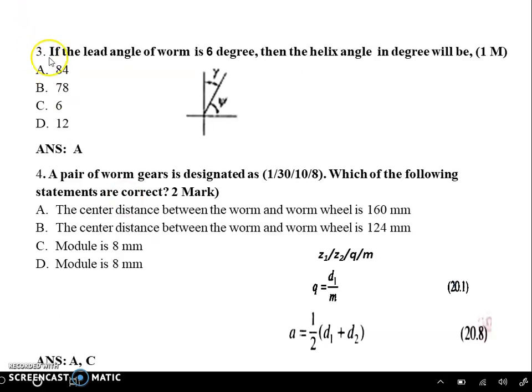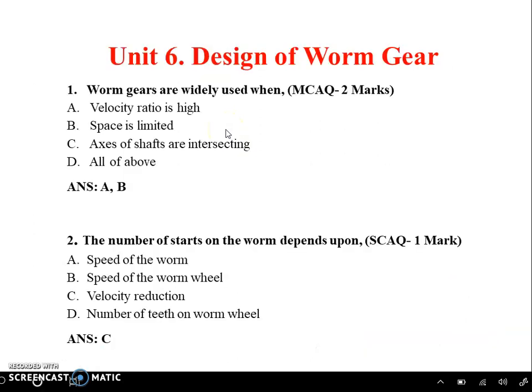This MCQ third: if the lead angle of worm is 6 degree, then the helix angle in degree will be. This is the question. We know that the addition of lead angle and helix angle is 90 degree. Already we are familiar with this lead angle and helix angle. Lead angle gamma plus psi is equal to 90 degree.